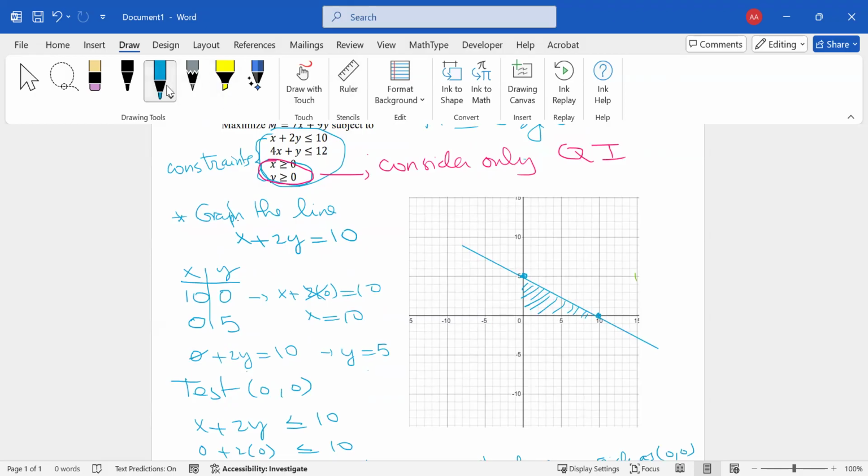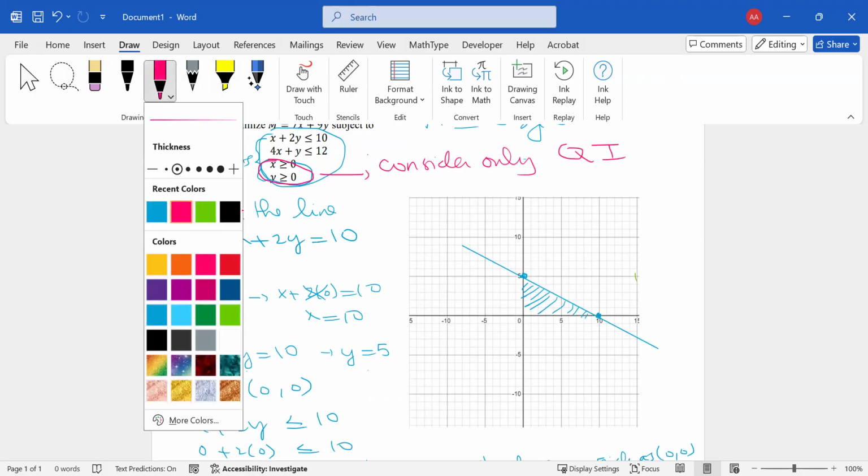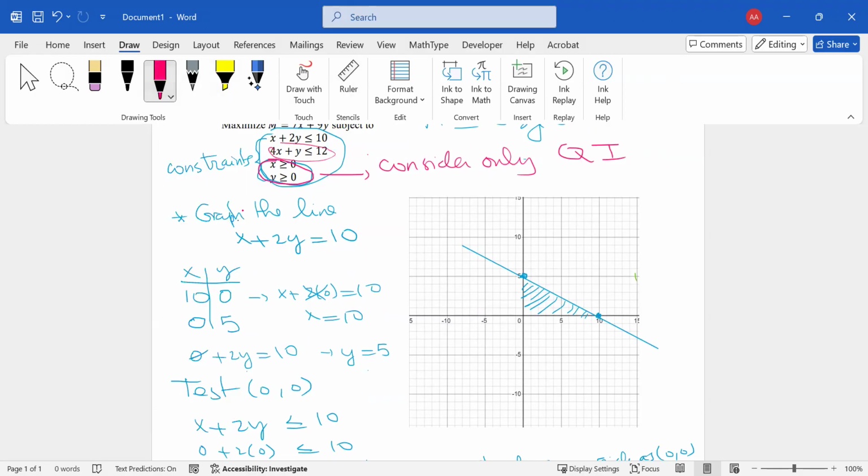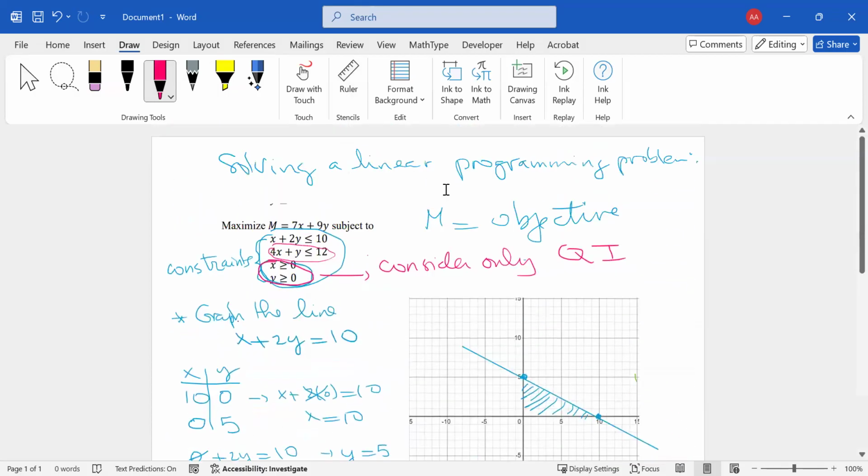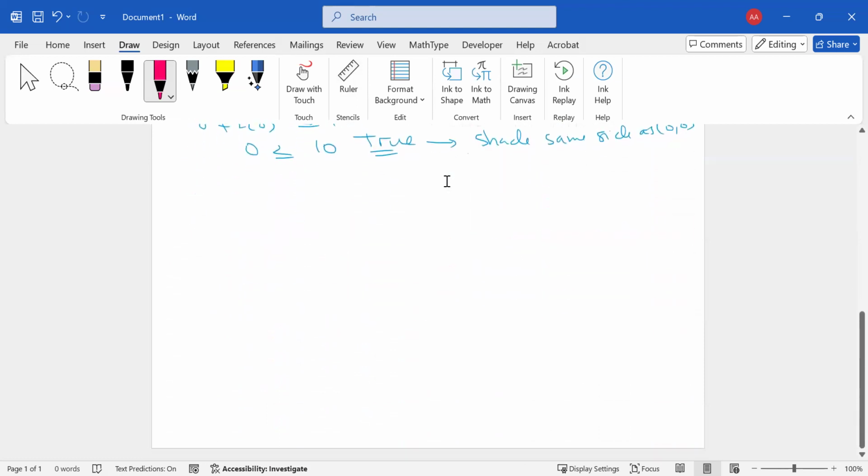Second line, I'm going to take care of this one now. I change my color. It's the same job: 4x plus y less than or equal to 12. So graph the line 4x plus y equals 12, right?